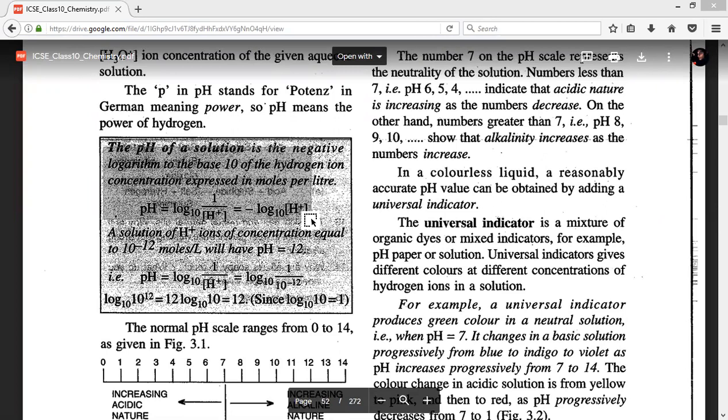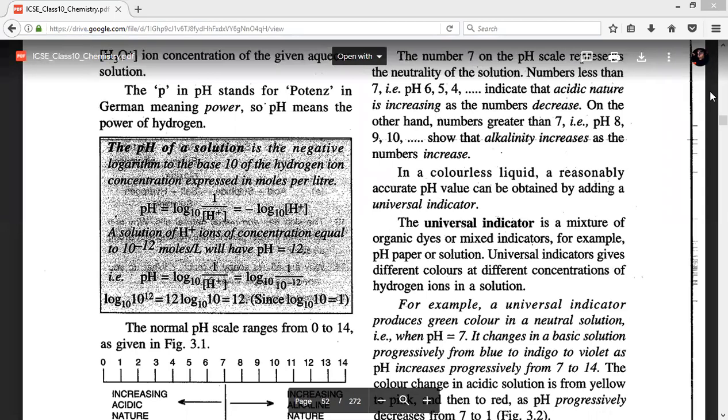Base 10 means minus log 10 of the hydrogen ion concentration. Concentration means molar concentration of H positive ions. As we have already done, pH depends upon the hydronium ion. It means the pH of the solution depends upon minus log 10 of the molar concentration of hydrogen ion. That is a very important definition. You have to learn it properly.